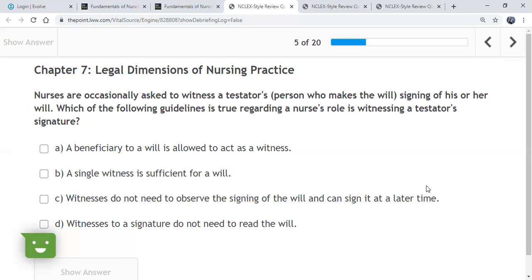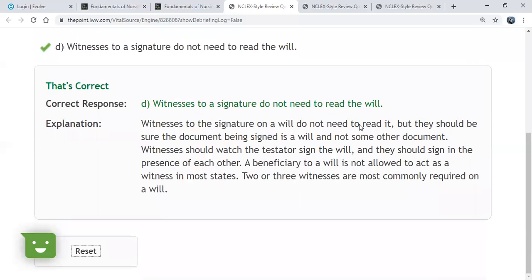So a beneficiary to a will is allowed to act as a witness. A single witness is sufficient for a will. Witnesses do not need to observe the signing of the will and can sign it at a later time. Witnesses to a signature do not need to read the will. D. Good.